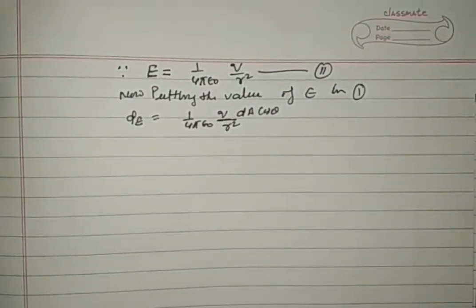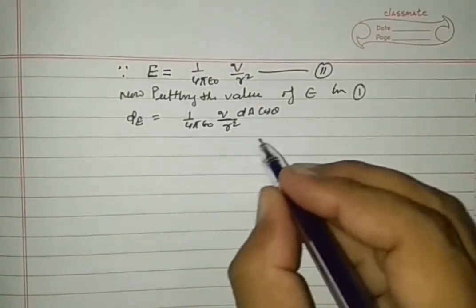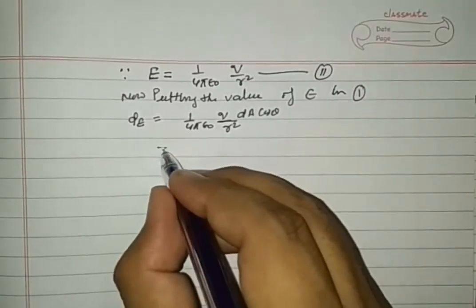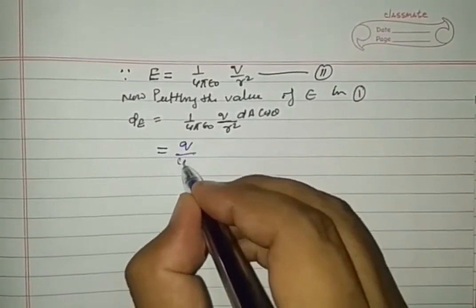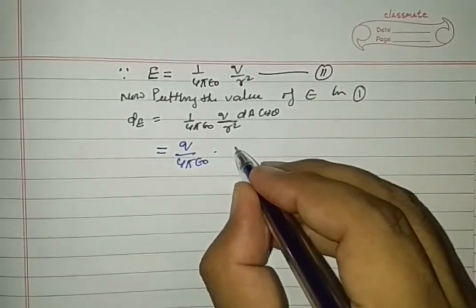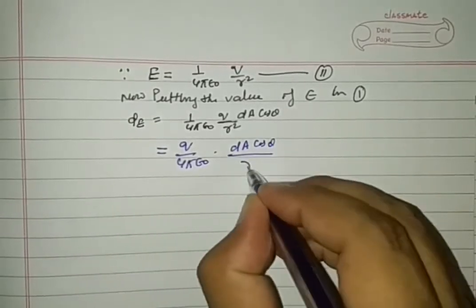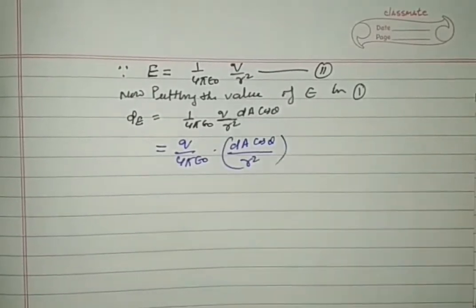See what the required terms are here in this case. Now see how it is arranged: Q by 4 pi epsilon 0, into dA cos theta by R square. Consider this term.